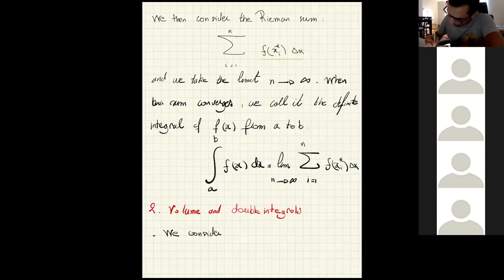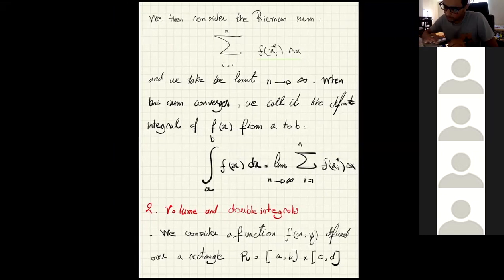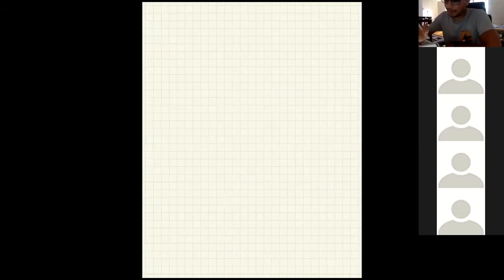So we consider a function f(x, y) defined over a rectangle R = [a, b] × [c, d], right?